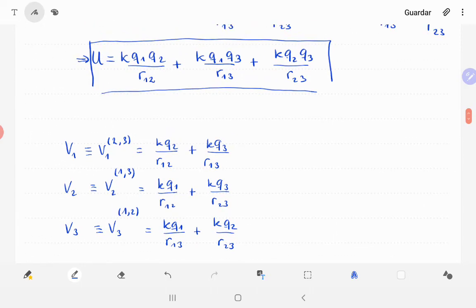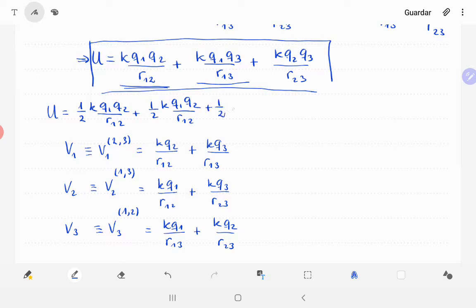So we go back to this expression, which is valid, and we're just going to expand it a bit. U is going to be equal to this first term, but instead of putting it just once, we're going to put it twice, but divided by 2. So this is equal to 1/2 K Q1 Q2 over R12 plus 1/2 K Q1 Q2 over R12. So this is this part here. And then I'm going to do the same with this.